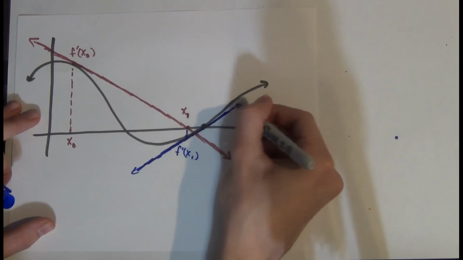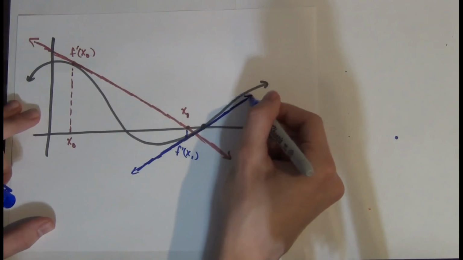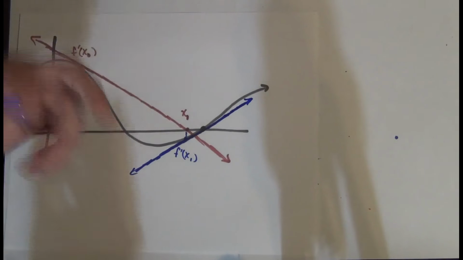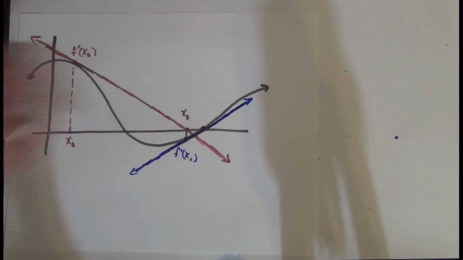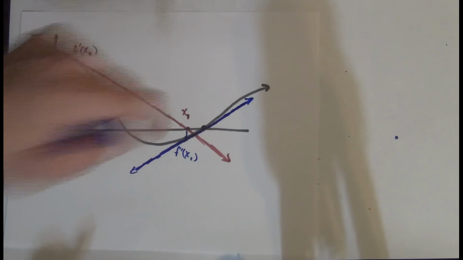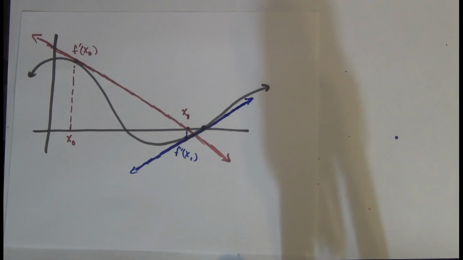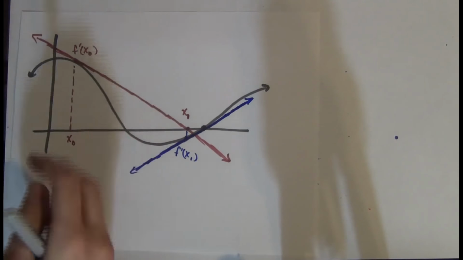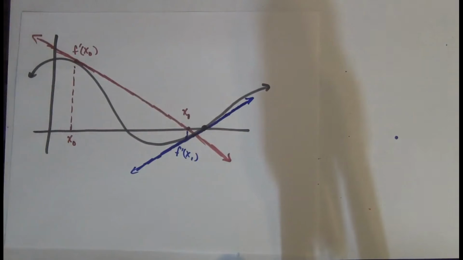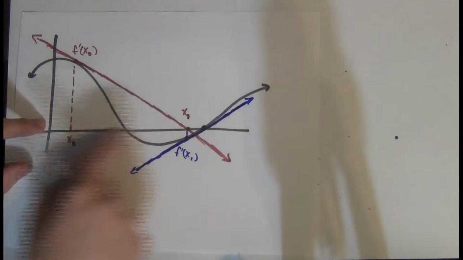So you can see that within 2 guesses, we've come so very close that you probably can't even tell on the video that there's a difference. It hits the x-axis at something so close to this point that we might as well just say that's the x-intercept. I'm sure graphing calculators do this several times to get an approximation, and it keeps moving decimal by decimal until it gets like 10 decimal places, and that's how a graphing calculator determines the roots, the solutions, or the x-intercepts of your function.